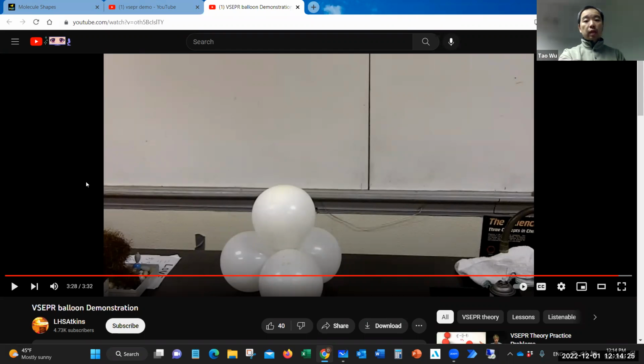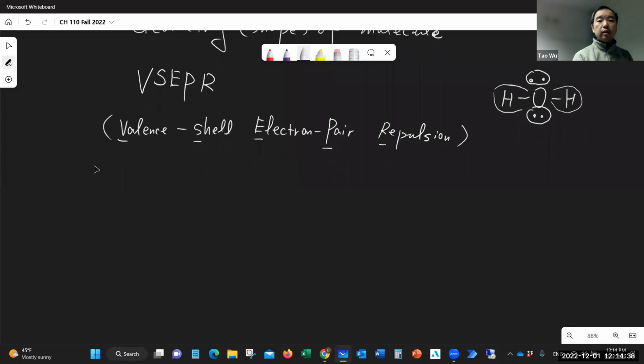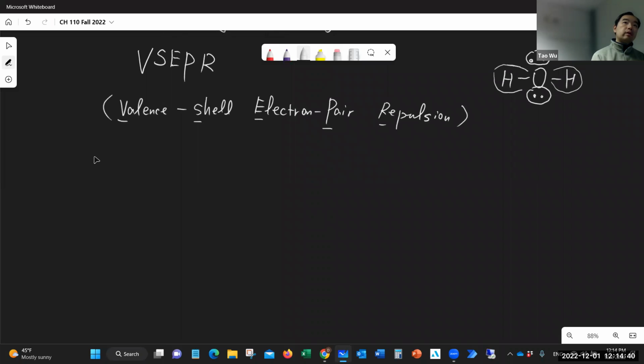Okay, so now remember those balloons, and we call those balloons by a special name. The name is called the electron domain.